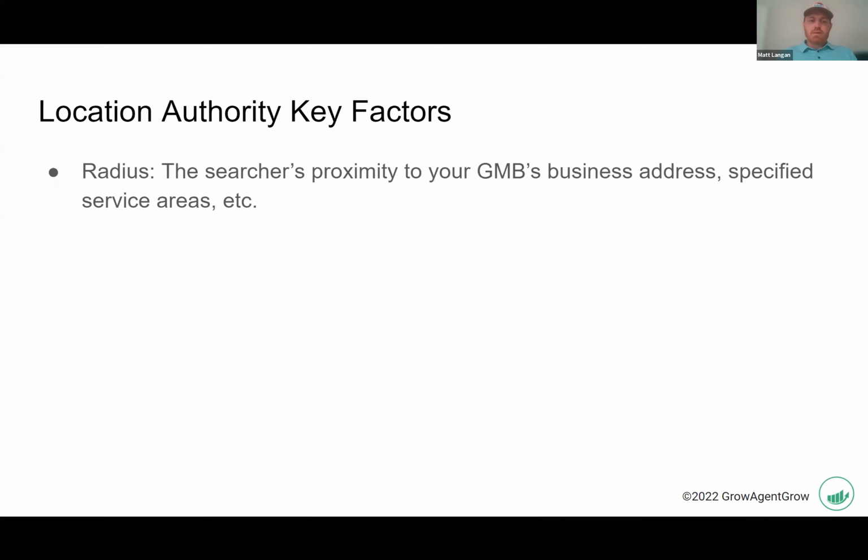They want to serve their users with the most relevant information, and relevancy here deals with radius. They want to serve their consumers with somebody who's close to them. If they're looking for an agent in Norfolk, close to 100 Main Street, they're going to look at your profile, look at your address, and that's what they're going to serve them with. So radius is a big one.